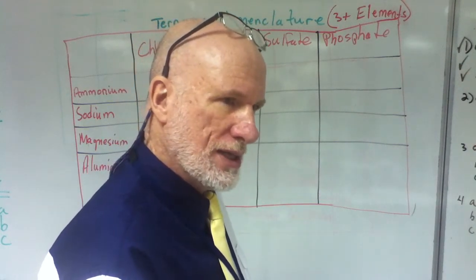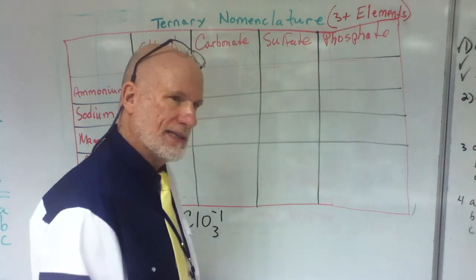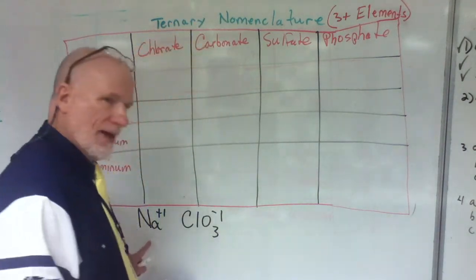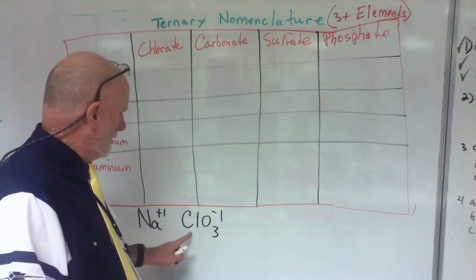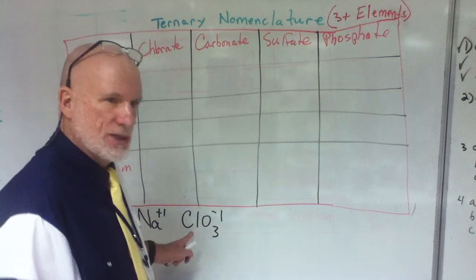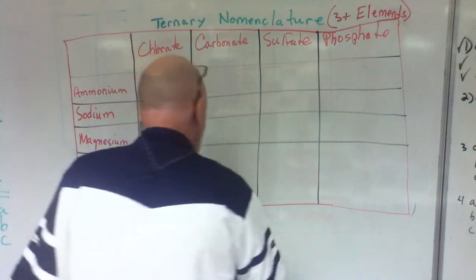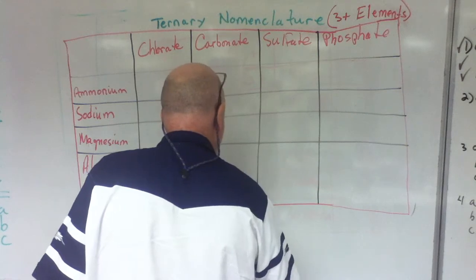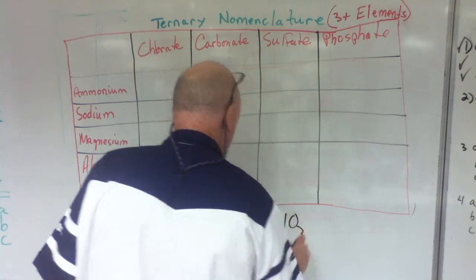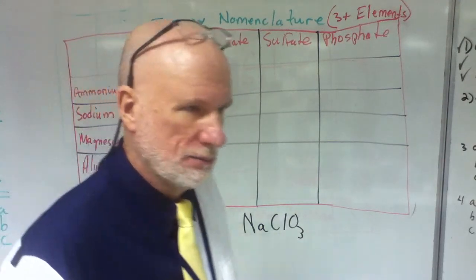And is it reasonable that I say what I say? So you have Na is +1, ClO3 is -1. Is it reasonable that the answer would be NaClO3. Make sense? Is that okay? Yes. Is that okay? Yes?